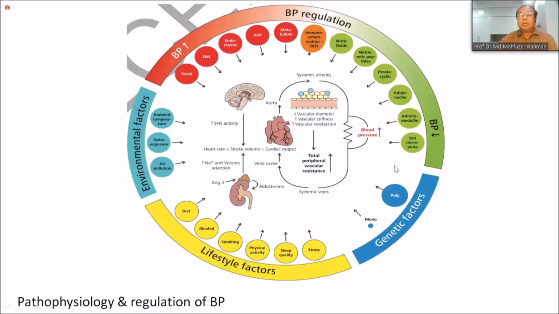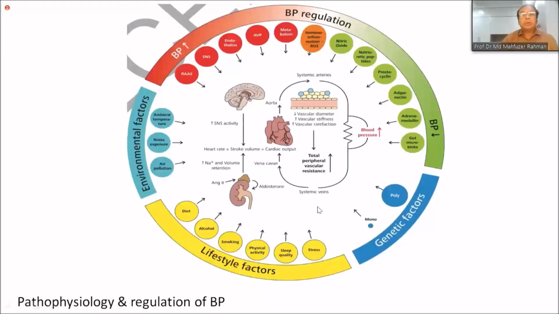Certain things like gut microbiota, adrenomedullin, adiponectin, prostacyclin, natriuretic peptide, nitric oxide, inflammation, renin-angiotensin aldosterone system, sympathetic nervous system, endocrine factors, and so on. There is a multifactorial influence in regulation of blood pressure. The genetic factors as well as environmental factors both are important in regulation of blood pressure.